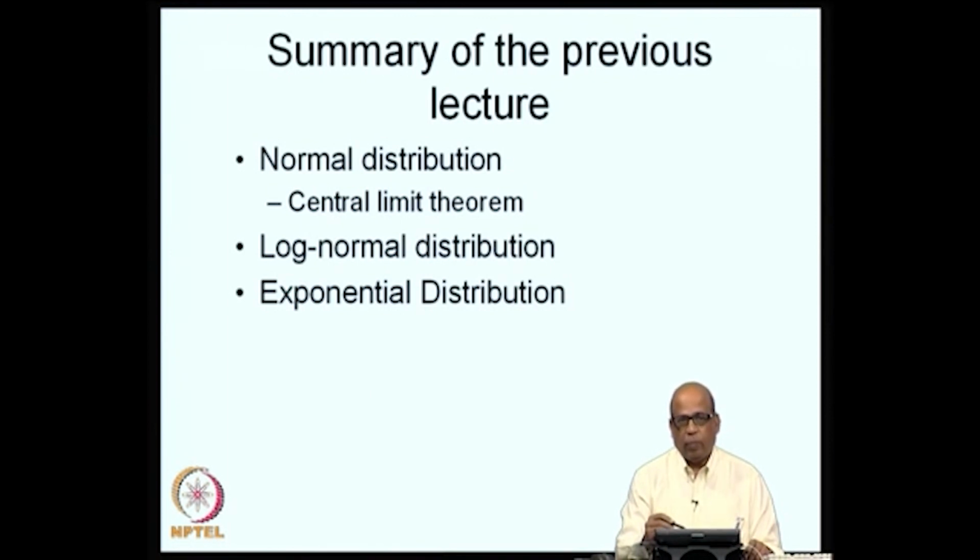Mostly they may be positively skewed with a long tail towards the right, and in some situations they are negatively skewed with a long tail towards the left and so on. So, the symmetry of the normal distribution in fact becomes a limitation for hydrologic applications. In such situations, we have used the log normal distribution, and in the last class we covered some details about the log normal distribution, and also we saw an application through a numerical example.